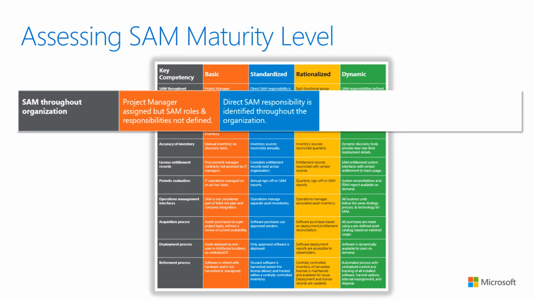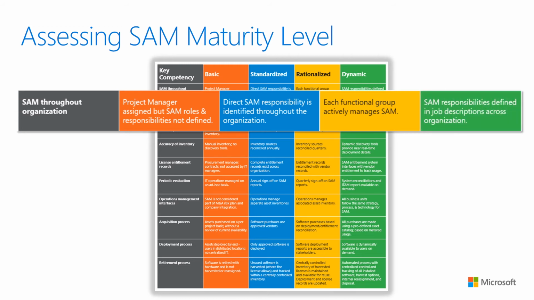Moving along to the blue box, the standardized level, they have SAM responsibility identified throughout the organisation, while in the yellow box, the rationalized level, each functional group not only has someone in charge of SAM, but they're actively managing SAM too.